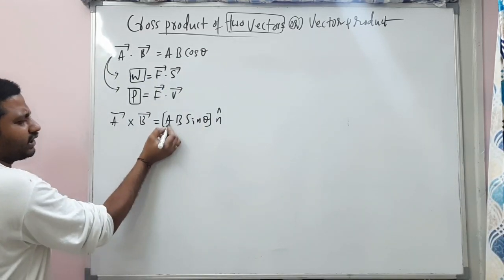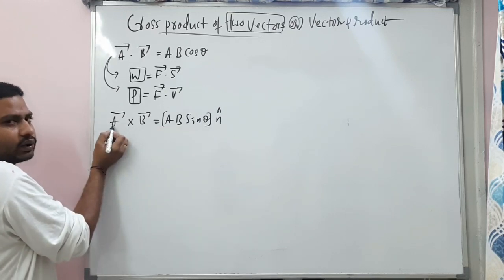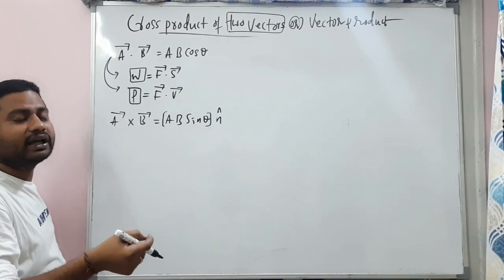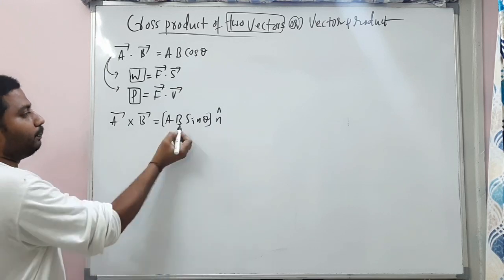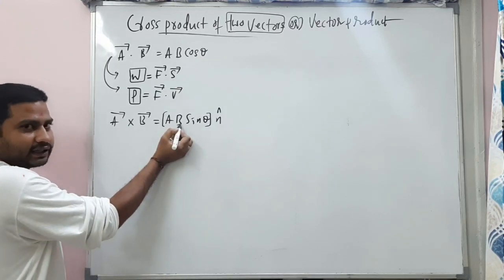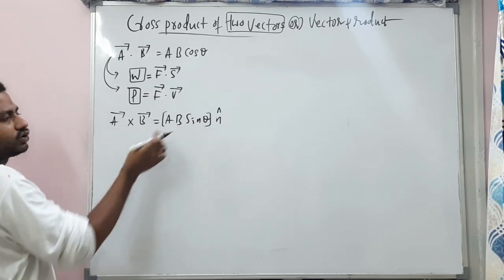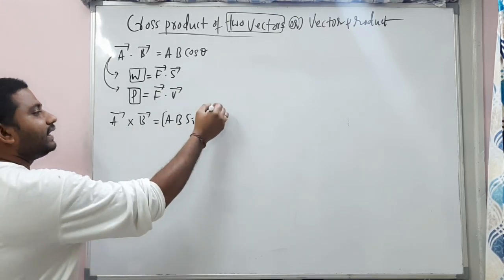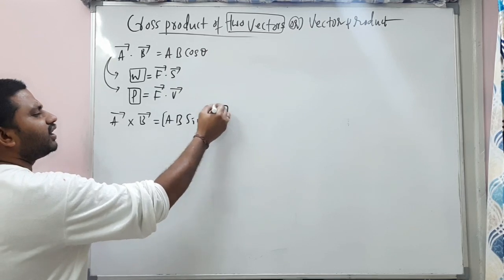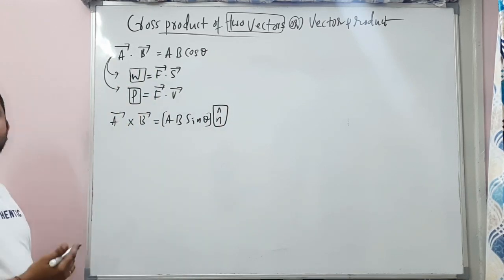A bar has magnitude A, and you know how to find the magnitude if a vector is given. B bar is a vector, that's magnitude B. Sine theta, the angle between these two vectors, that also will be easy. But identifying the direction of A bar cross B bar is important, right?